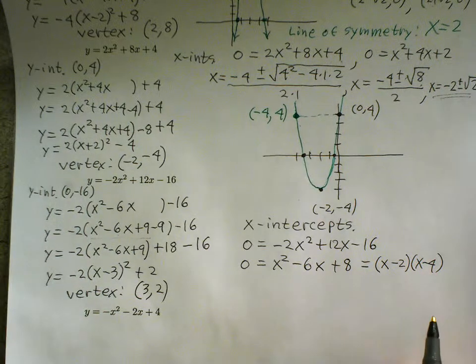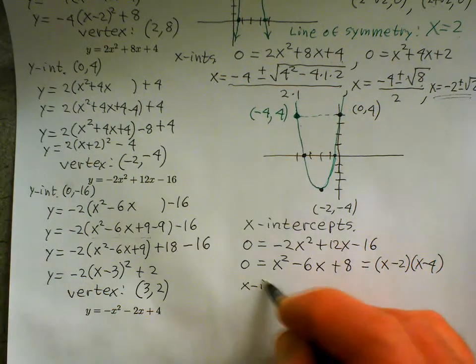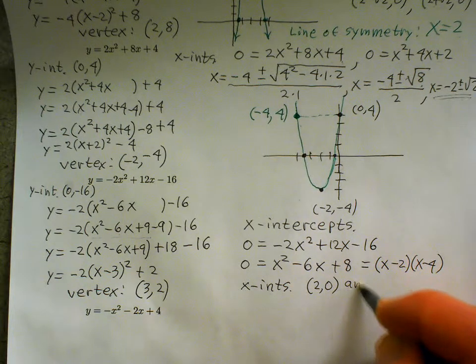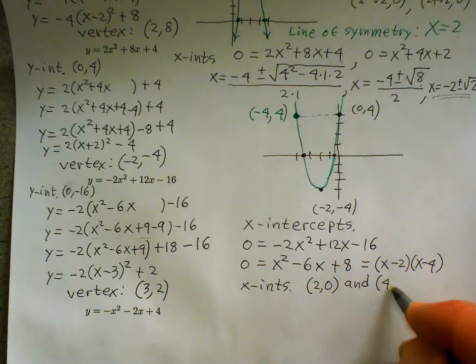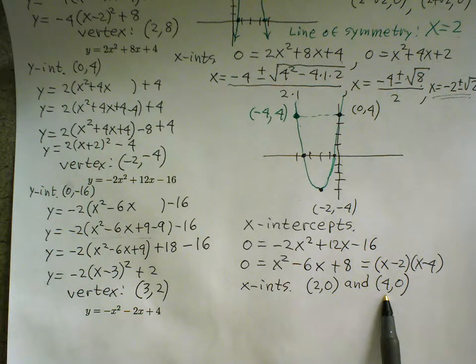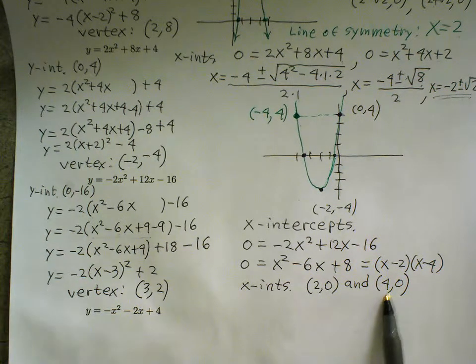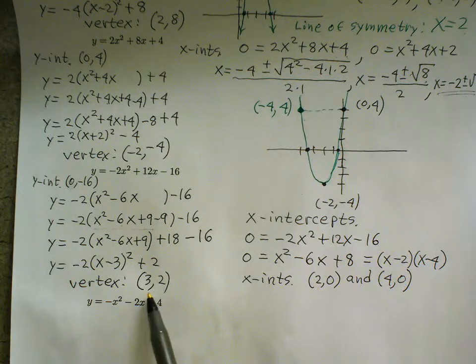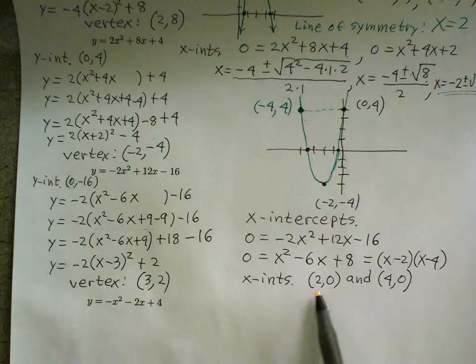So the x-intercepts are the ordered pairs 2, 0 and 4, 0. When there are two x-intercepts, notice that in all cases, the x-coordinate of the vertex is always halfway between the x-coordinates of the two x-intercepts.